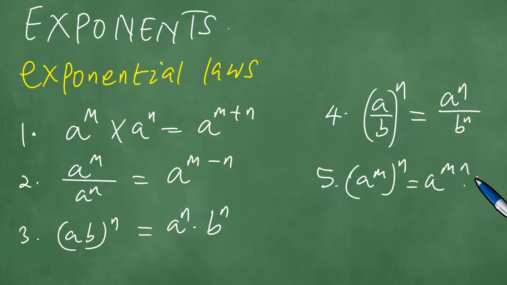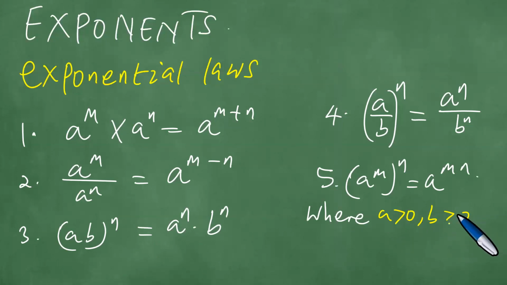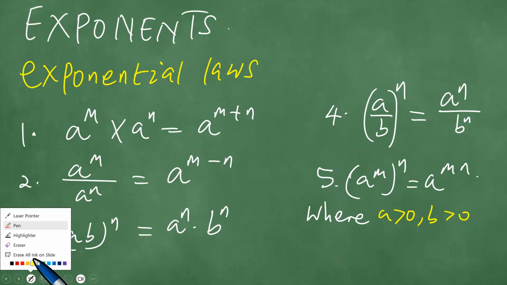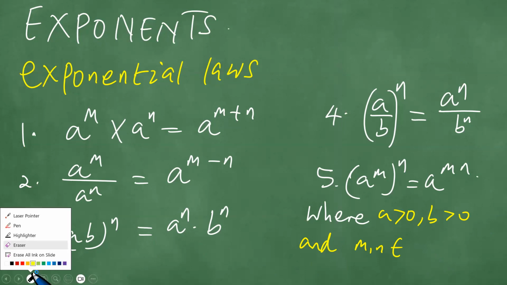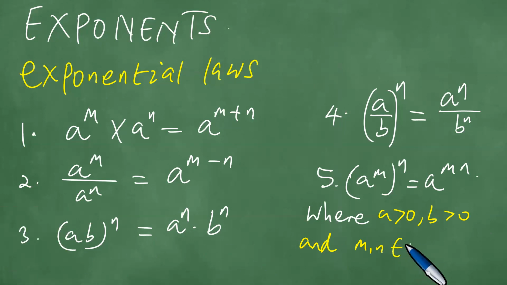Right, this one is where a is bigger than 0, b bigger than 0, and m, n in R. Okay, these are some of the laws that you need to remember.